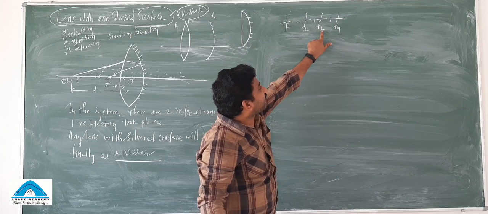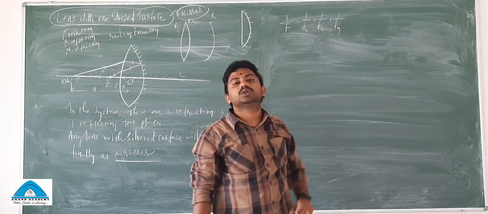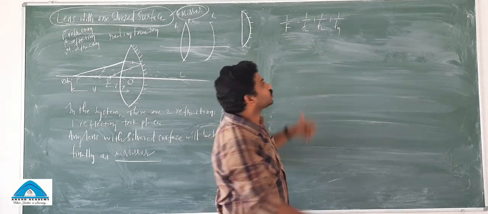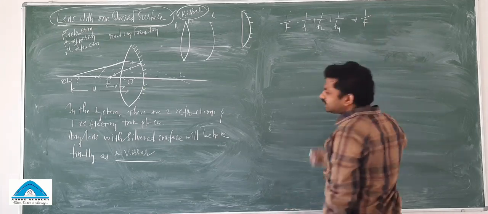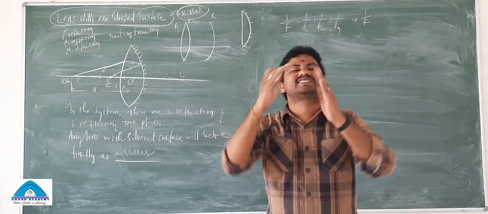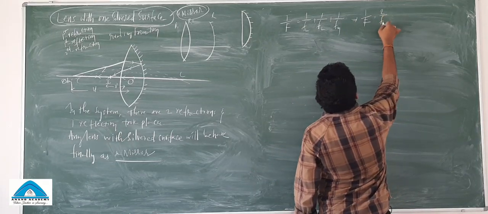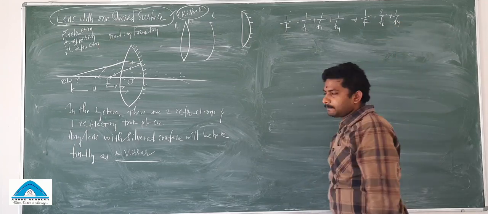Refraction through the lens, refraction through the lens because lens is the same, and reflection from the mirror. So that is the importance of this. So the final equation I can write: 1 by effective focal length of the system is equal to 2 by FL plus 1 by FM.